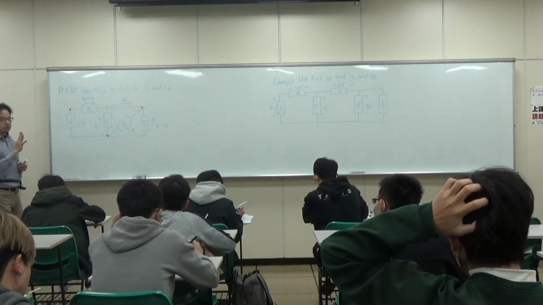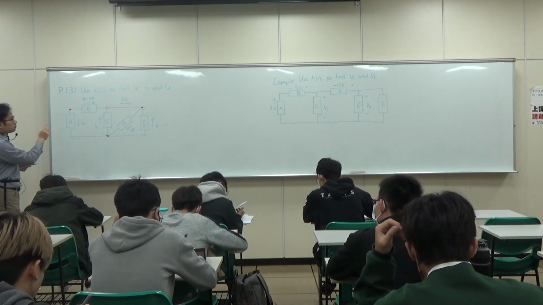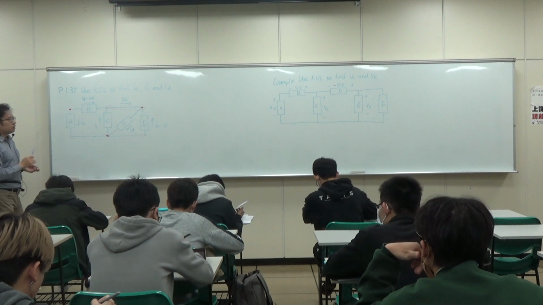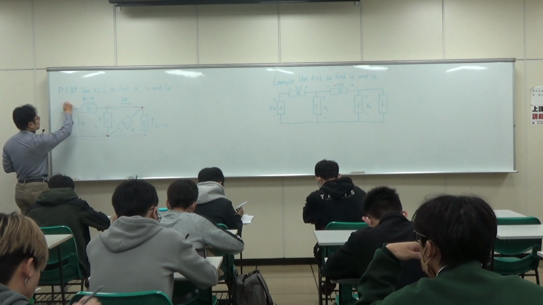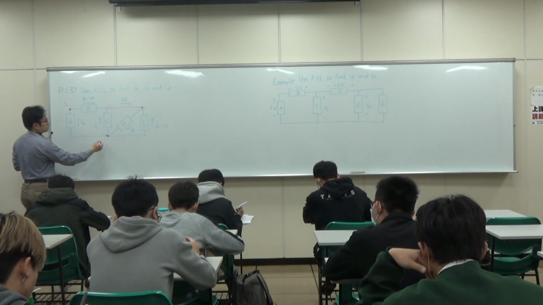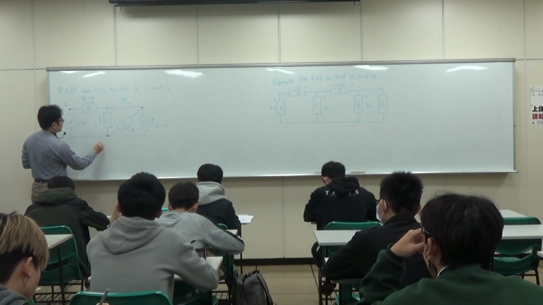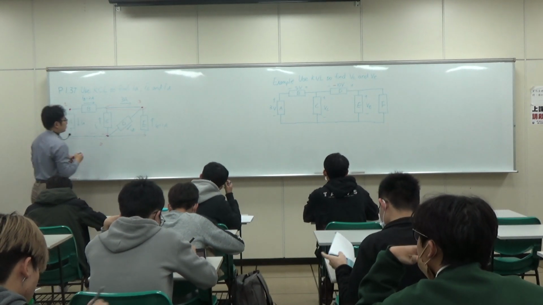So you can identify three nodes here. And you can apply KCL, Kirchhoff current law, to this node. So let's say this is node 1. This is node 2. This is node 3. Okay?